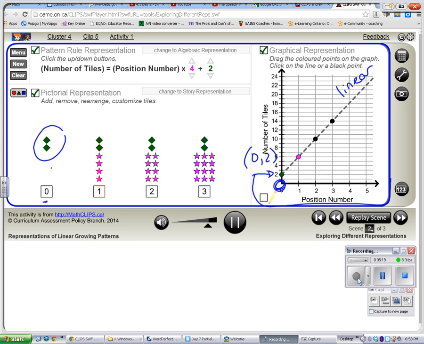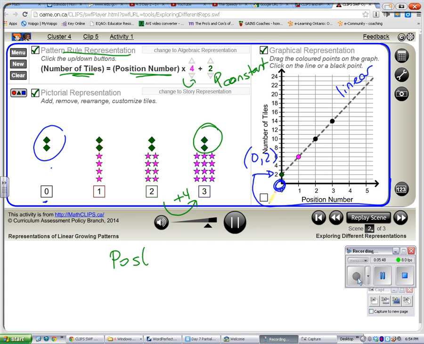So something else that I could notice is that I could have a pattern rule for this partial variation where I can predict how many tiles I will need based on what number position I'm at, and then I multiply it by 4 because we had noticed that we're always adding 4 for each position we go over. But I also have this additional 2, so I have this constant 2, and the constant is what's telling me that I have a partial variation.